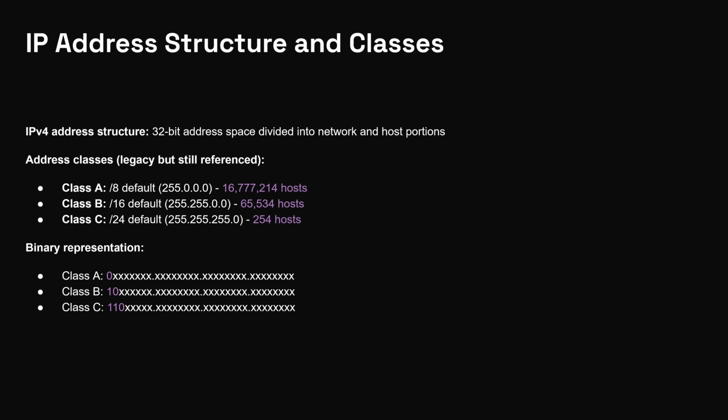Then the Class C, it is the 192.168.x.x. As best practice, I'm sure it was mentioned in our last video, the 192.168 network is often used at home networks.